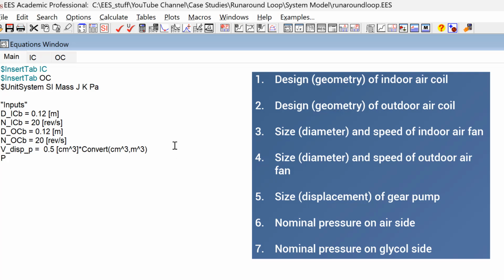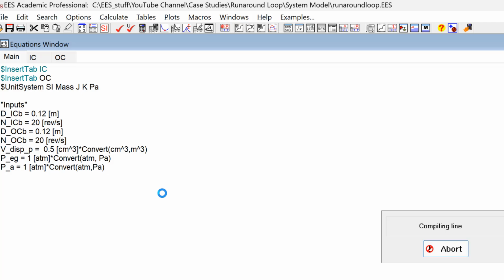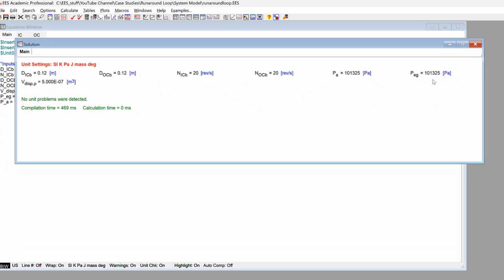I got to put some nominal pressure on the ethylene glycol side, so 1 atmosphere. And some nominal pressure on the air side, so that'll also be 1 atmosphere. So PA equals 1 atmosphere times. So those are my inputs. I'll go ahead and solve, and the units are all set here, so that's all good.